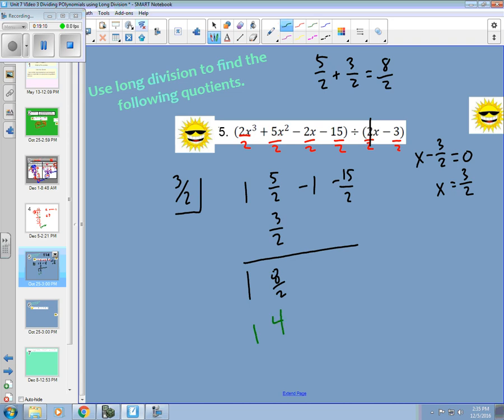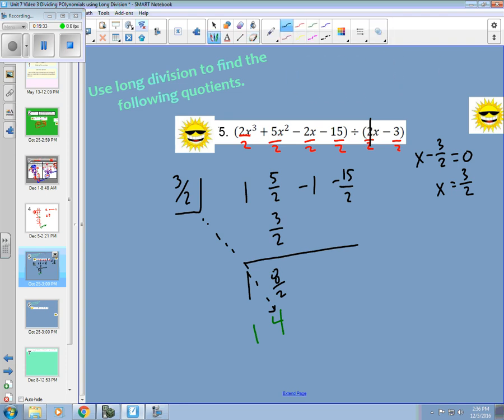Okay, let's keep going. So now if that's a 4, we want to do 4 times 3 halves, because we take this number and multiply it by whatever is here. So 3 halves times 4 is going to be what? You can use your calculator, otherwise you can just do some simple math again.